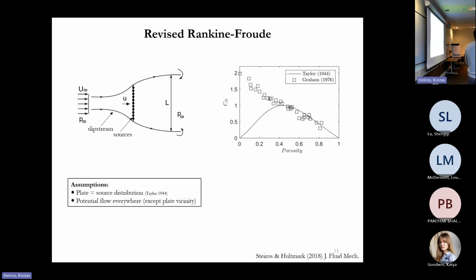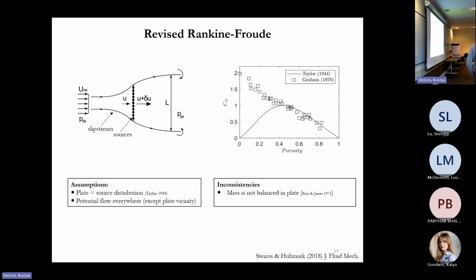And because the assumptions are quite the same as the ones considered in the Rankine-Froude theory, we have exactly the similar prediction as before. So it's the same problem, in other words. And of course, we see here that there is a deviation at low porosity. And that means that at low porosities, this model fails. Some of the physics are not representative of what happens in reality.